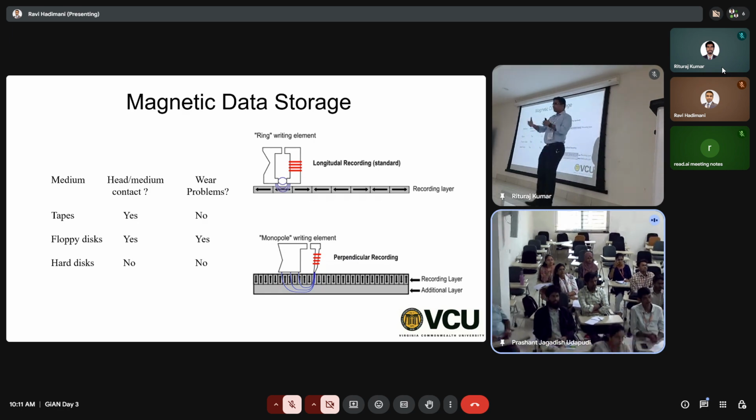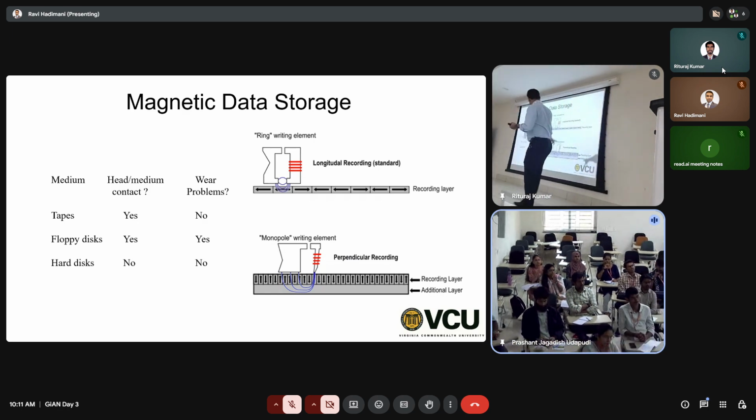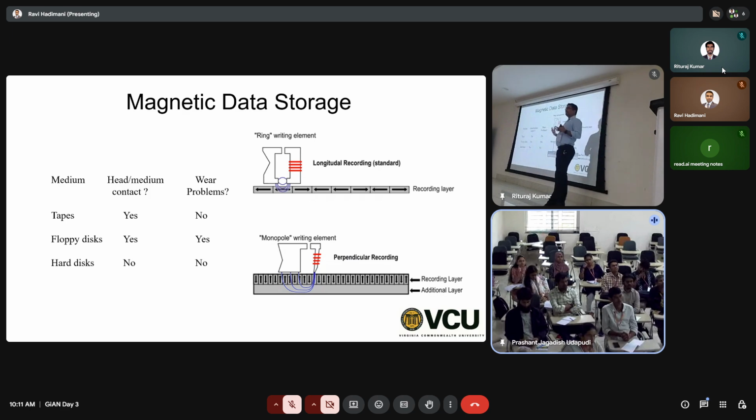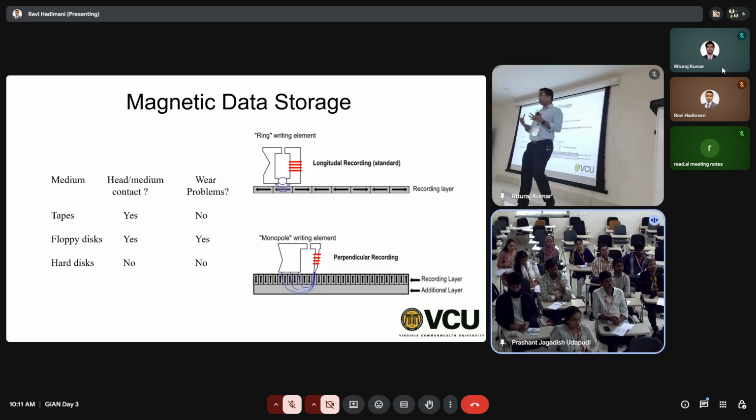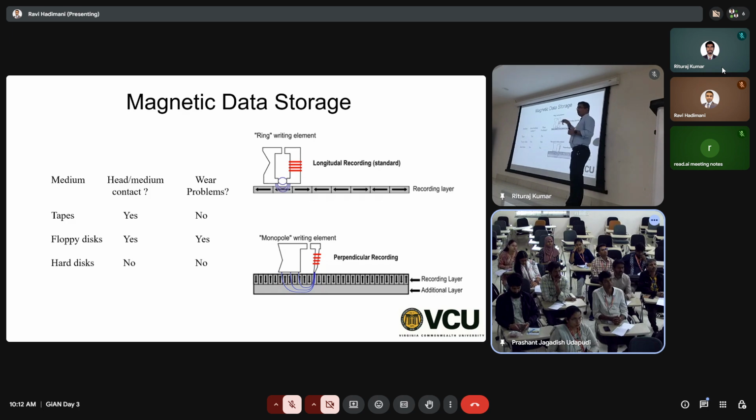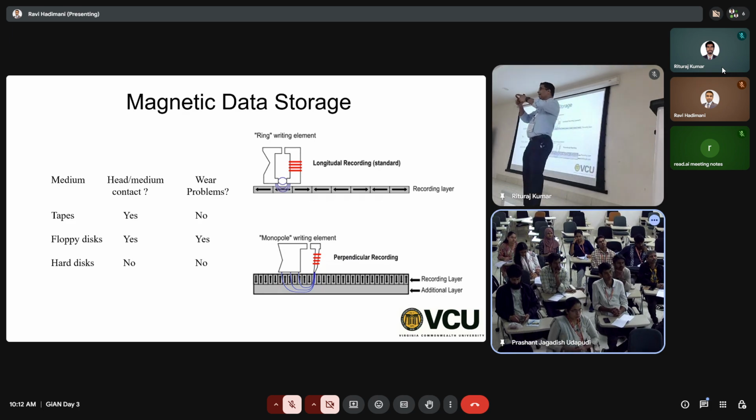So when people started using hard disk drives, the need for this data storage was not that demanding. Meaning, if you have a hard disk drive that has 512 megabytes, it was a really big amount of memory. So people could write or make one domain. The hard disks, their size has remained the same.